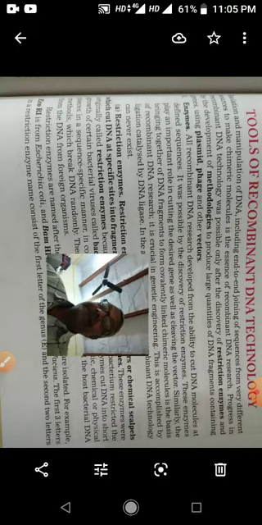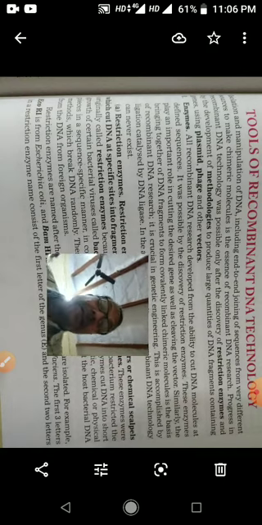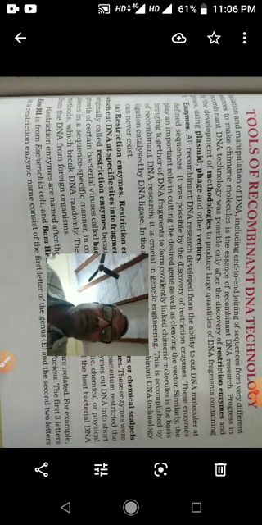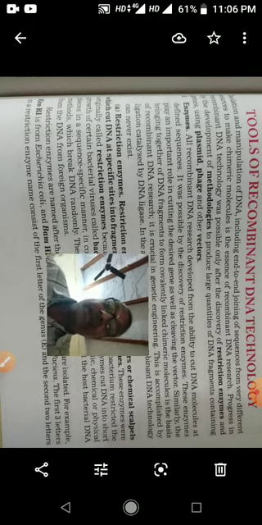Next is phages. Lambda phages are also used for transferring genetic material from one cell or from one bacterium to another. Their DNA is a linear double-stranded molecule. It contains several target sites.